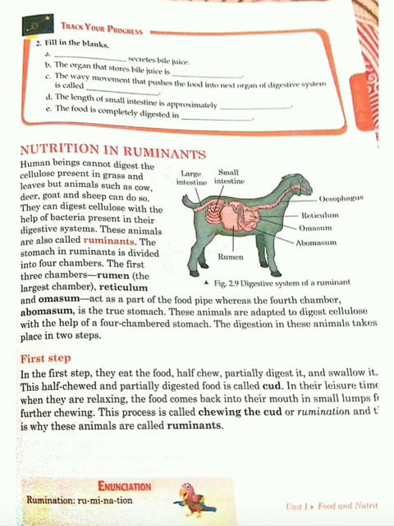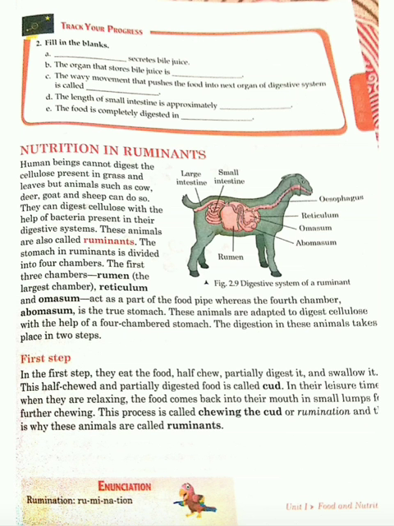C-U-D, cud. Okay. In their leisure time, or we can say in their rest time, when they are relaxing, the food again comes back into their mouth in small lumps. In small lumps means in small packets for further chewing.